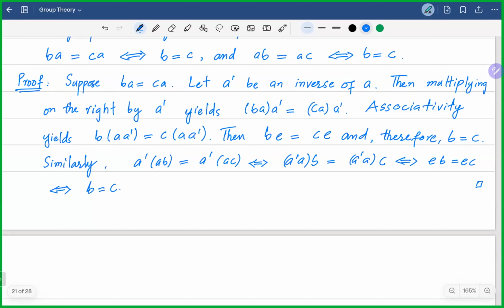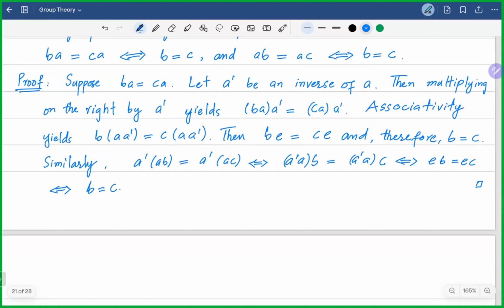Now, the consequence of this cancellation property is the fact that in a Cayley table of a group, each group element occurs exactly once in each row and column. And another consequence of this cancellation property is the uniqueness of inverses.